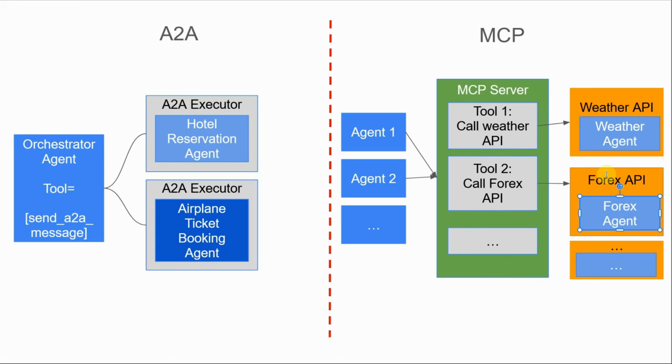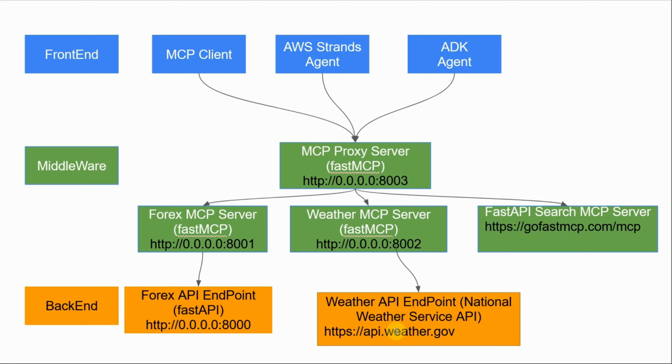Regarding the MCP protocol, how to deploy the MCP servers, how to define the tools, even how to deploy an MCP proxy, and how to define the MCP tools and associated APIs, I have a dedicated video which provides an in-depth step-by-step explanation.